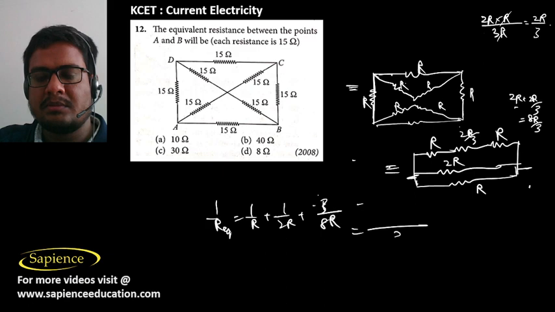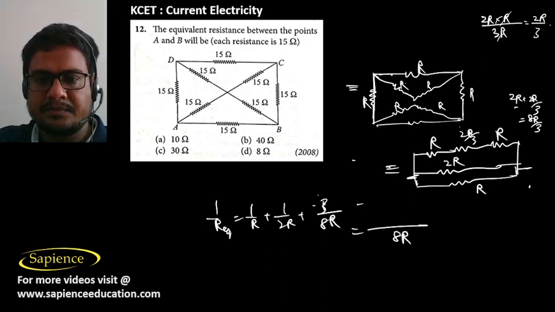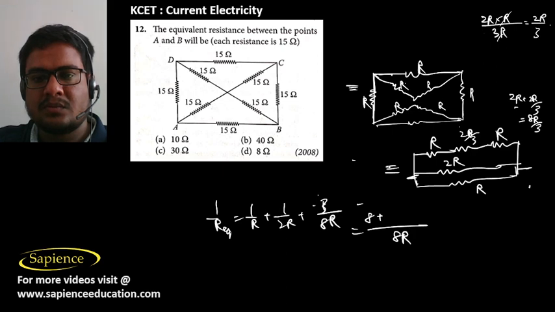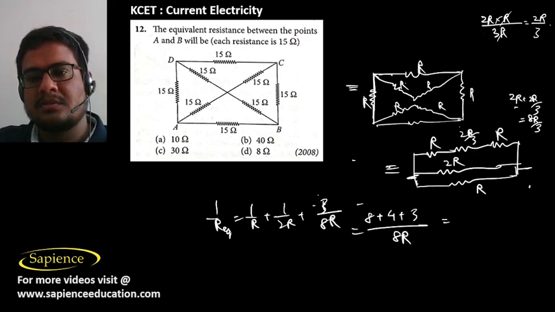So their LCM is 8R. This is 8 plus 4 plus 3, that is 15 by 8R.